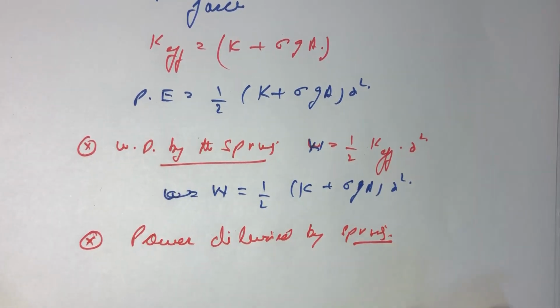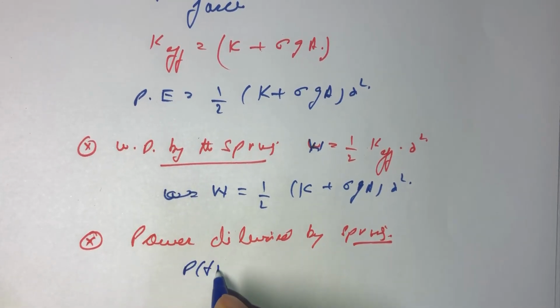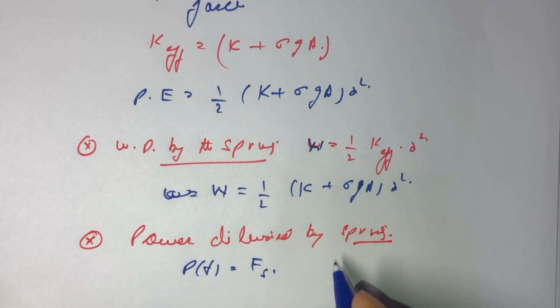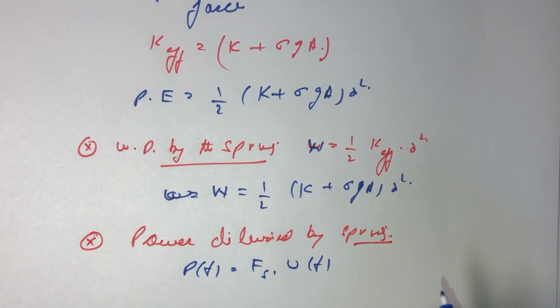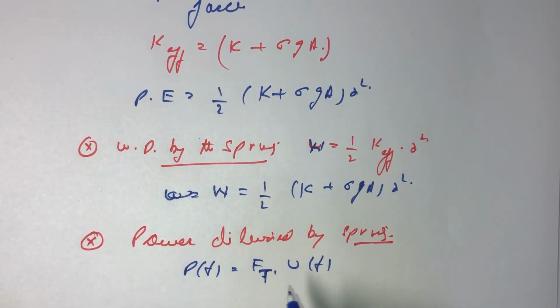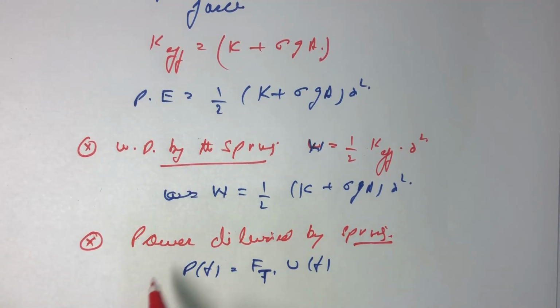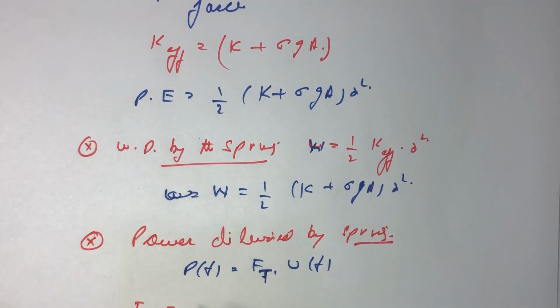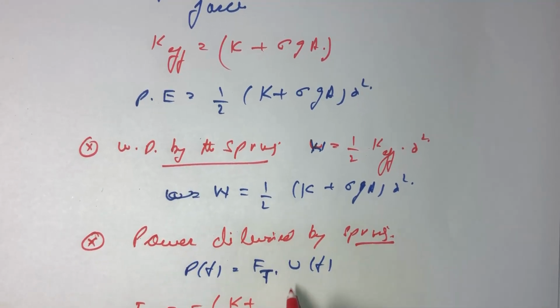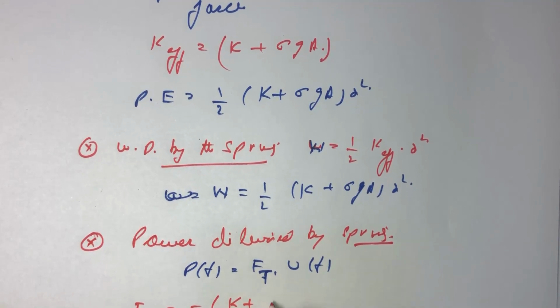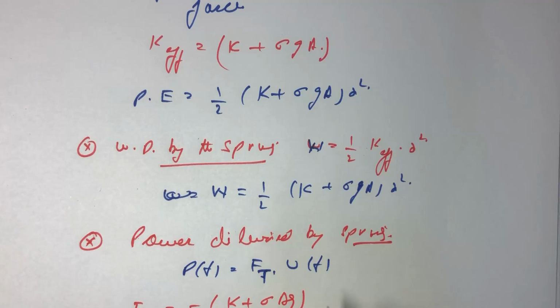So we can write this as P of t will be equal to F multiplied by v of t, and F is our total restoring force. Sorry, let me write it Ft, the total restoring force. So I can write my Ft will be equal to minus k plus sigma A g, and that will be times x of t.